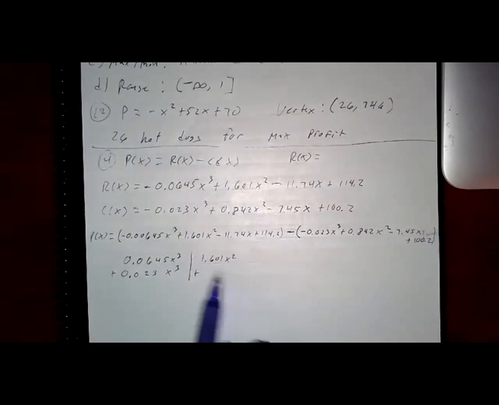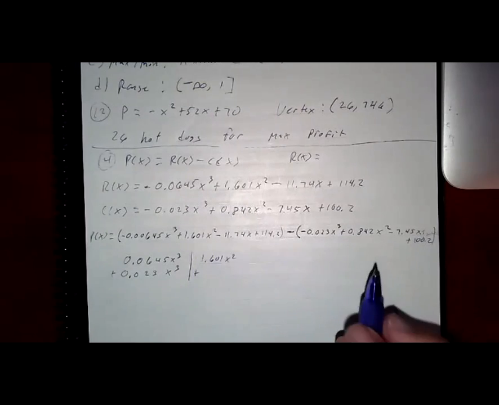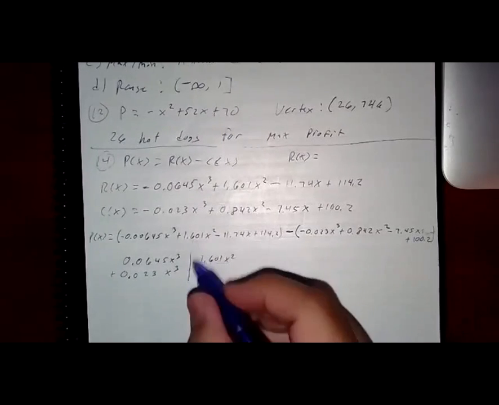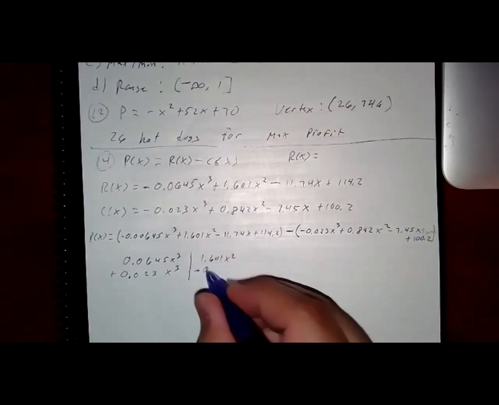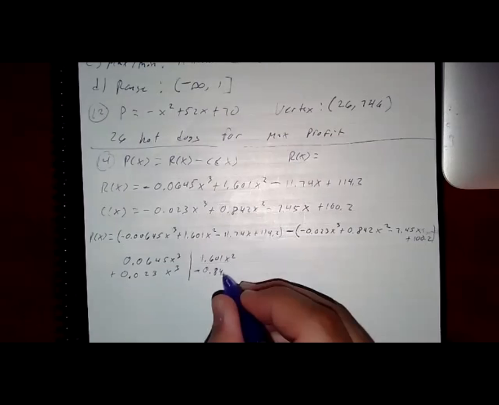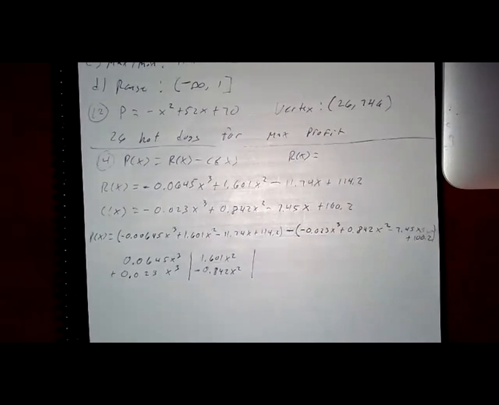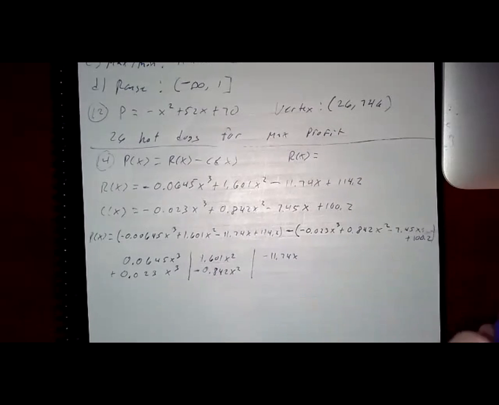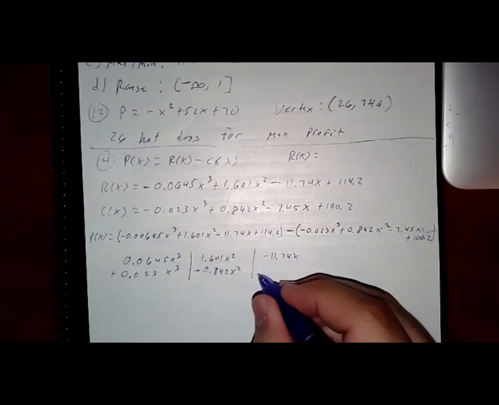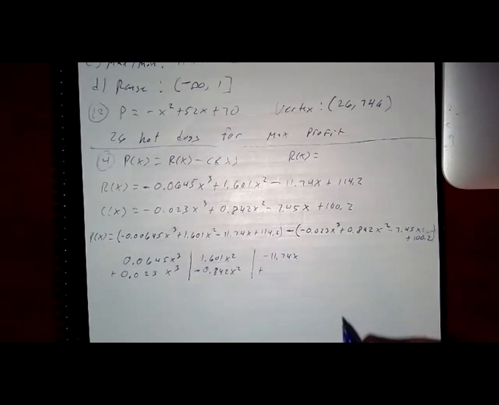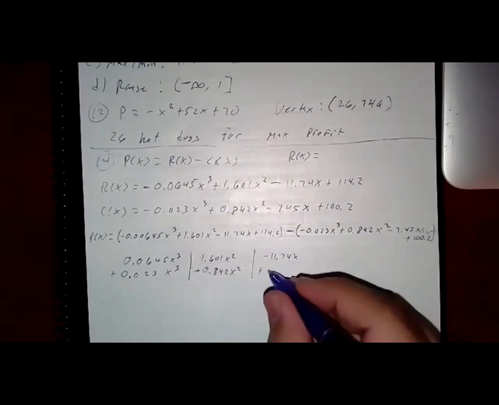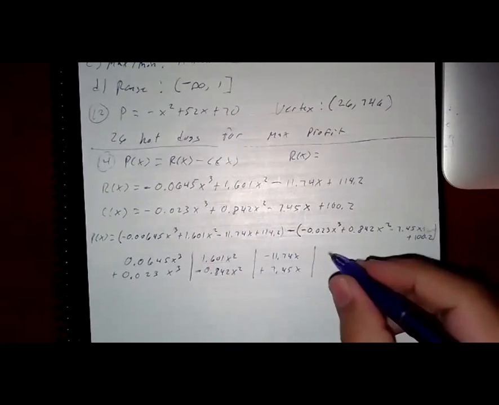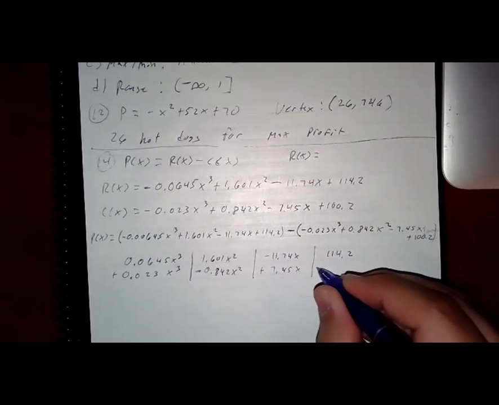Add these guys together. This one plus that one, or actually minus 0.842x squared, negative 11.74x plus 7.45x, 114.2 minus 100.2.